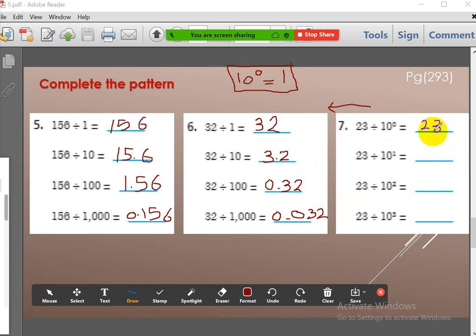What about 23 divided by 10? Let's see. I will choose randomly actually. So yes, Basma, open your mic and give me the answer for 23 divided by 10. Basma, I think you have a problem. Let's see now. Okay, Shaden, open your mic and give me the answer.